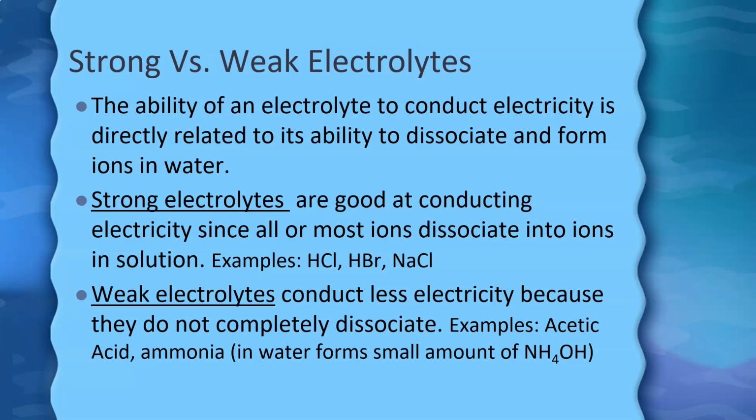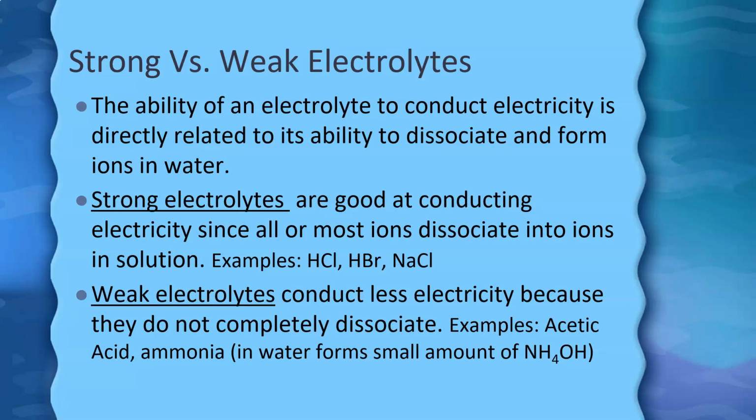Most ionic compounds are good, strong electrolytes because they dissociate into ions in solution. But there are some ionic compounds that are weak electrolytes because even though they do dissolve, they do not completely dissociate. For example, acetic acid is what we call a weak acid because it generally dissolves as acetic acid molecules, and only a small amount of the hydrogen actually dissociates.